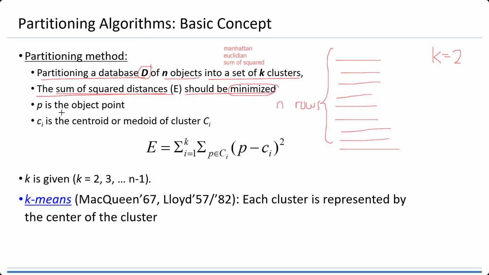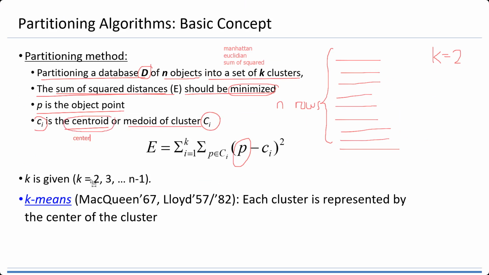Let p be the object point. Here p is the object point, and Ci is the centroid or medoid of cluster C. Centroid means the center.